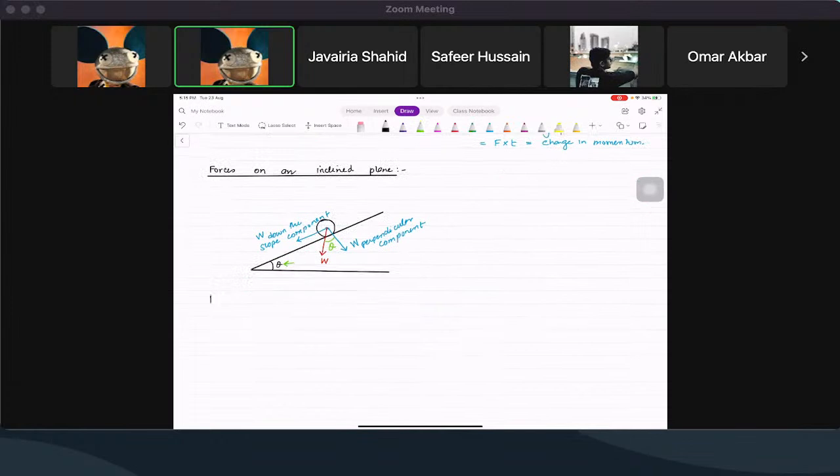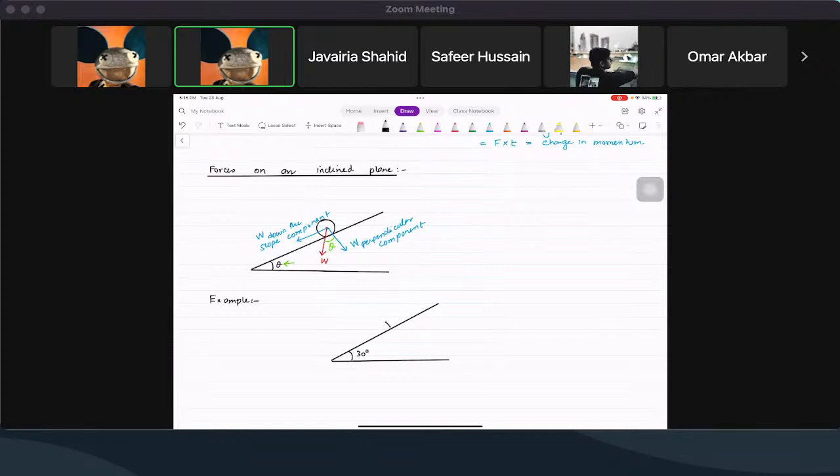So first example that we need to look at is that there is a slope. It is at 30 degrees.